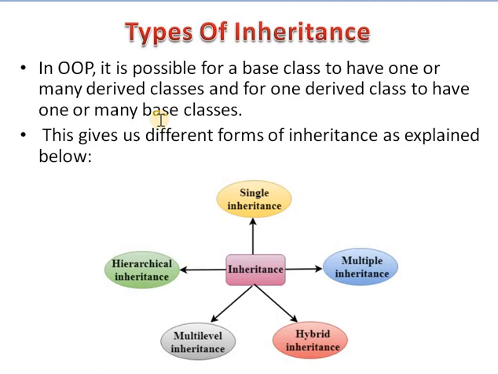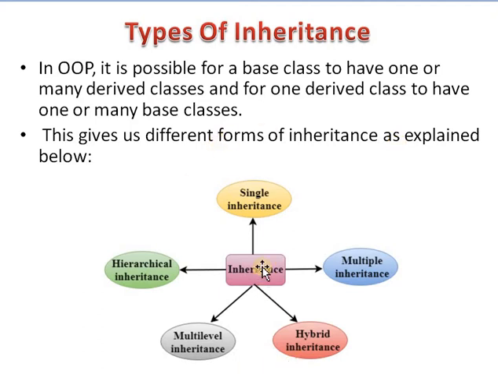That means in object-oriented programming, there can be one or more base classes and one or more derived classes. This gives us different forms of inheritance, as explained below.